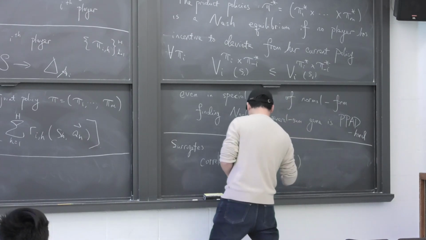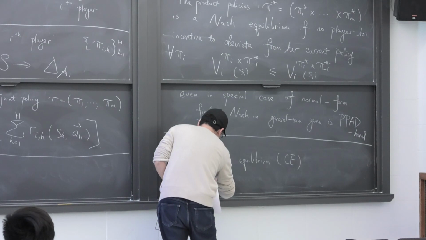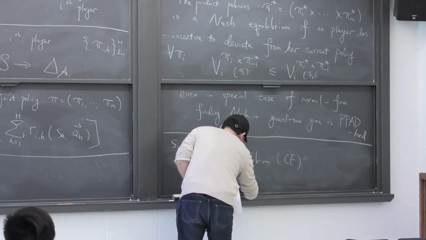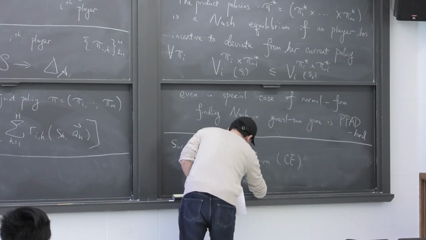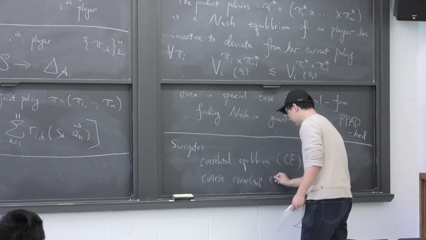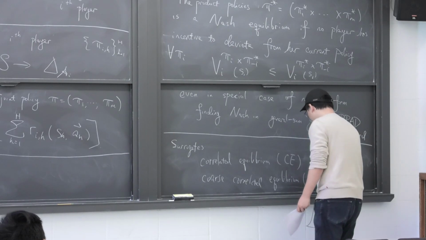In short, we call it CE, and there's another kind called a coarse correlated equilibrium, CCE.